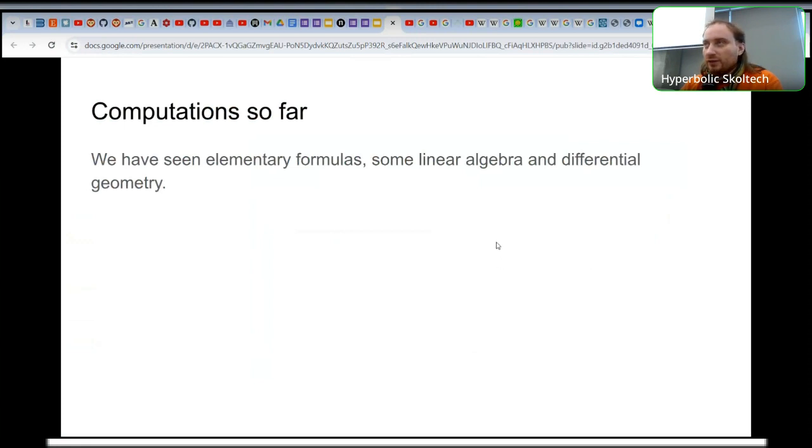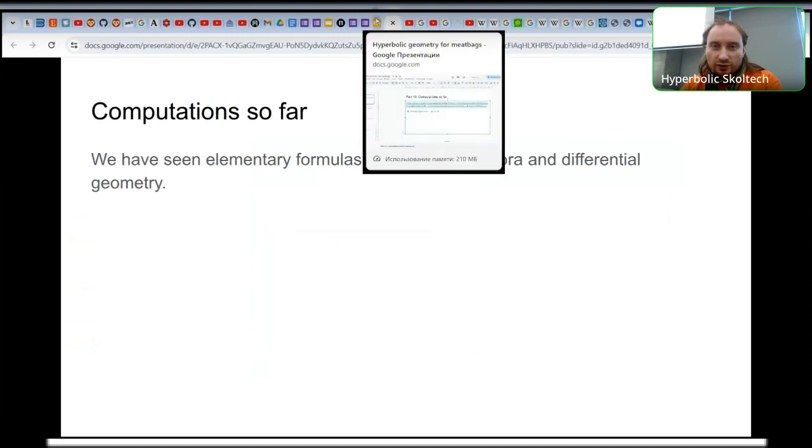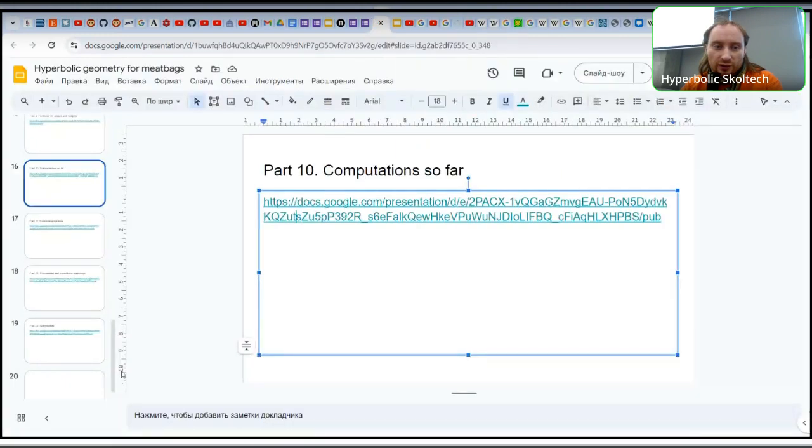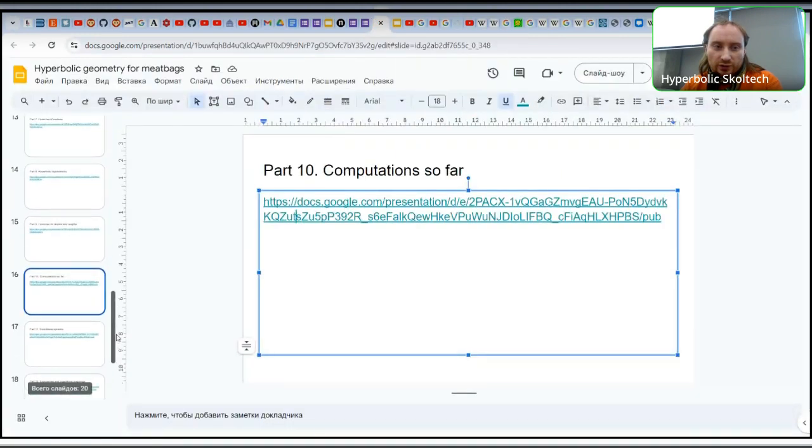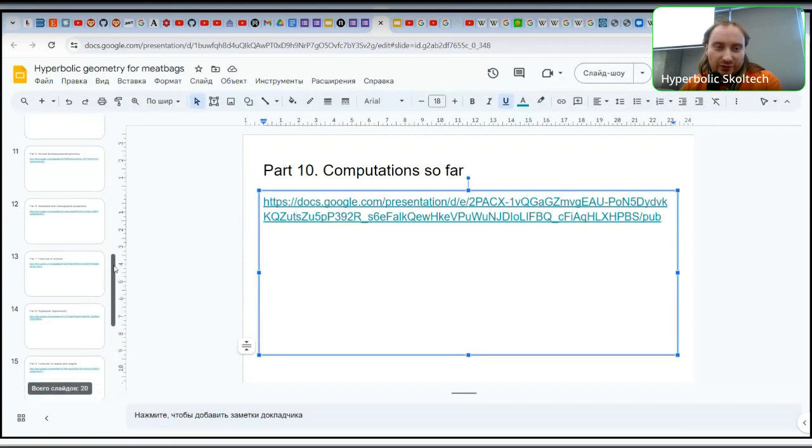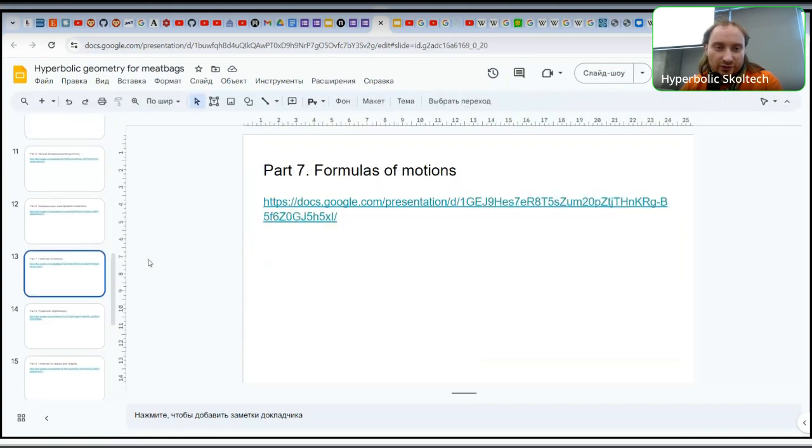Actually, since we are all here, let's have a look at the exercise that I gave you, that I failed to do in the third lecture.